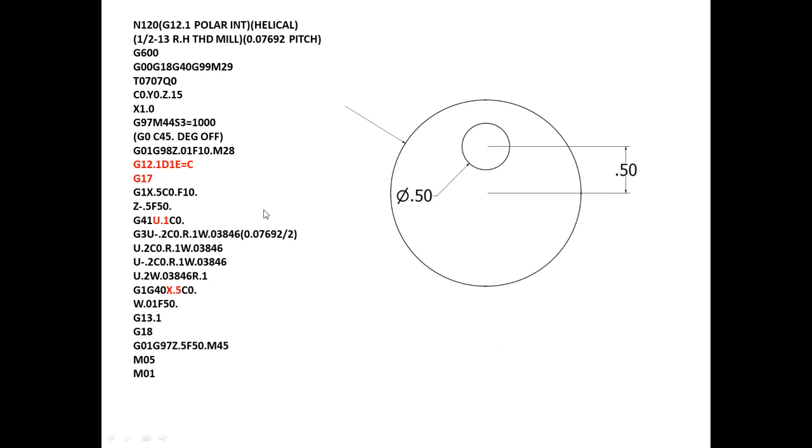And even the location after G17 here, I programmed X.5 from the center to the center of the helical thread, 0.5. It's not 1 inch anymore. So that's the difference between Mitsubishi and Fanuc control. I'm going to move on.